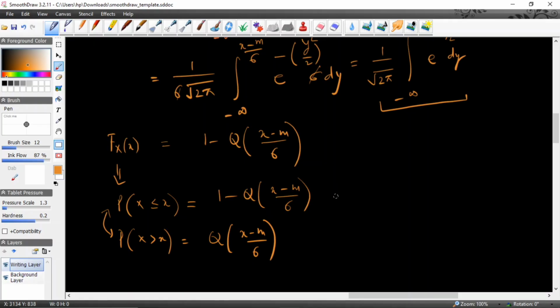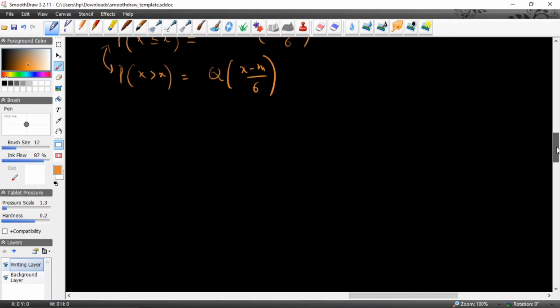Okay, now using this relationship we will try to estimate the width or spread of this Gaussian random variable.